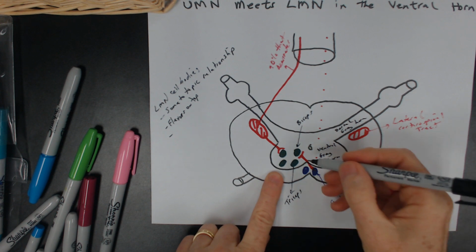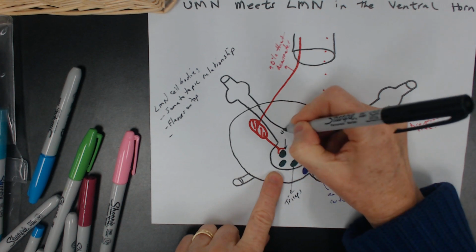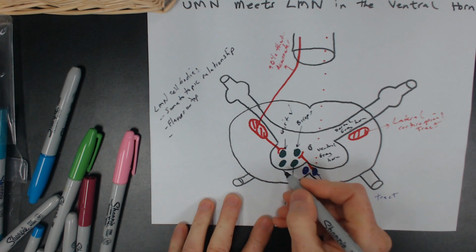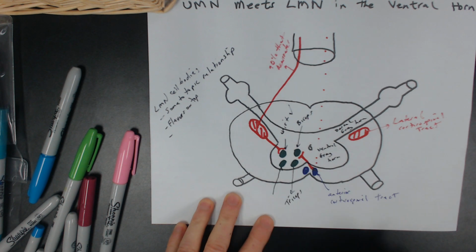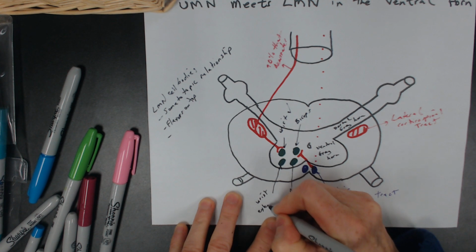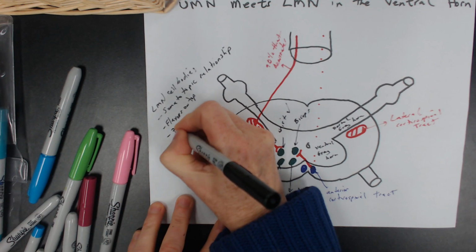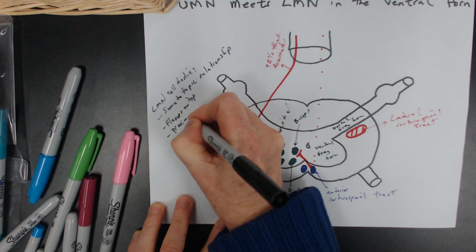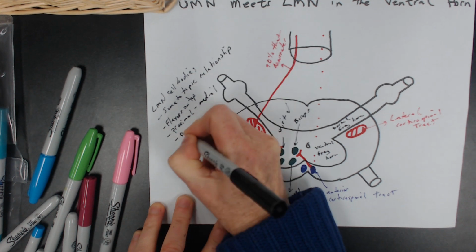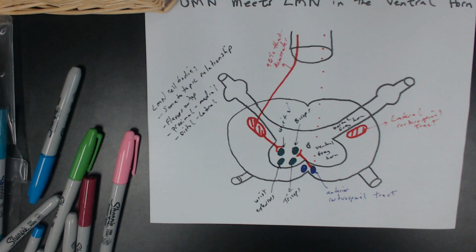So if this is biceps, let's say this is wrist or finger flexors, and then this would be wrist or finger extensors. Okay, so proximal musculature is more medial. Distal is more lateral in the ventral gray horn itself.